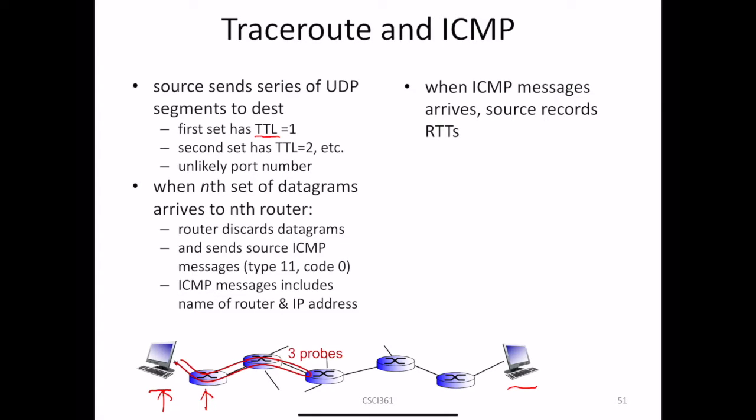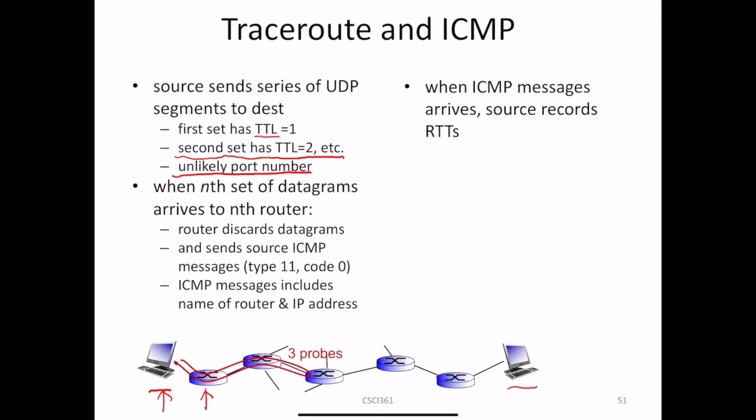For the second router, the TTL will be set to 2, and so on and so forth. Also, for each probe, it will insert an unlikely port number, and later I will explain why the traceroute program inserts an invalid port number in each probe.